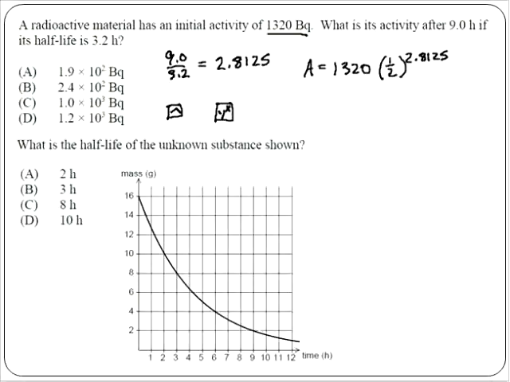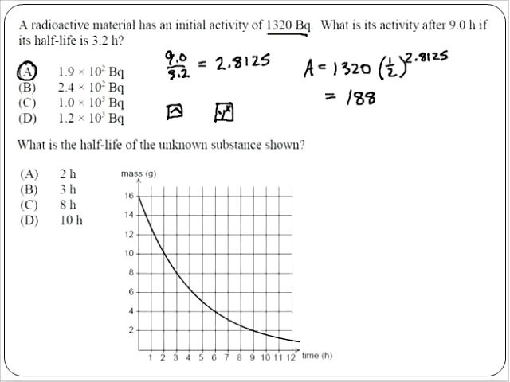If you're not sure how to do that, ask your math teacher or your science teacher how to do that calculation on your calculator, because that's a fairly easy one to do if you know how to use your calculator properly. Anyway, in this case, that happens to equal 188 approximately, which rounds off to 190, or A.